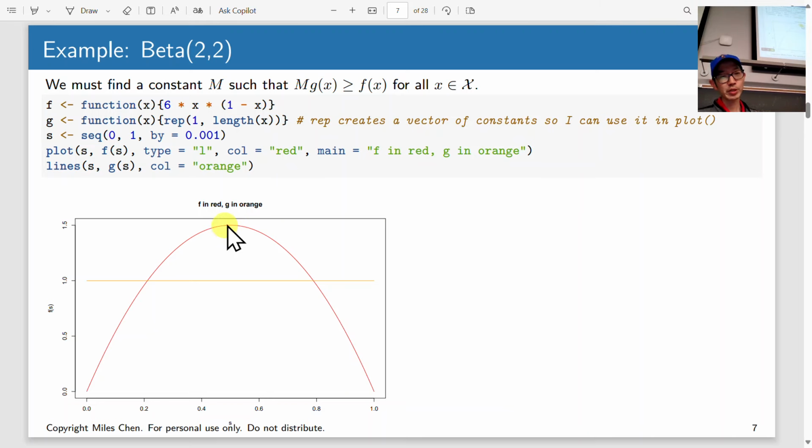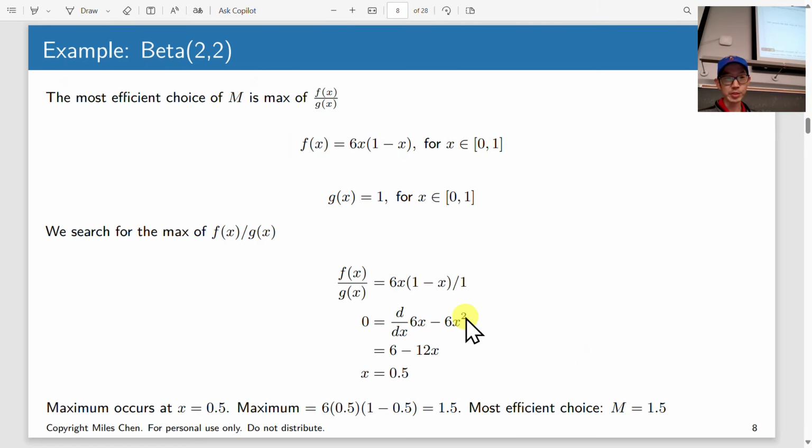Basically we just have to find the max value here, and that's going to be like 1.5, so I'm going to multiply the PDF of our uniform by 1.5. Then it'll be greater than f of x for all x.